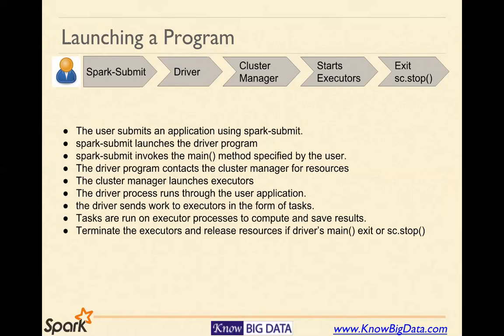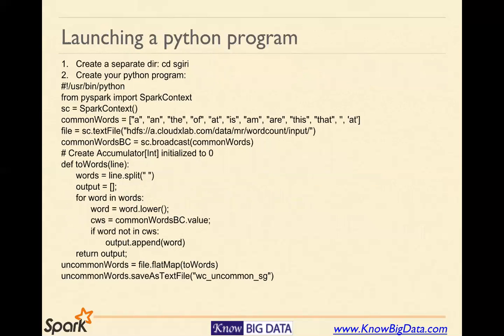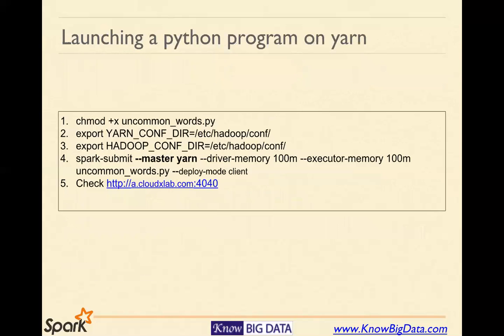The cluster manager starts the execution and then finishes. We have already talked about how you can submit to the cluster: you simply say spark-submit, pass the arguments, and submit it.